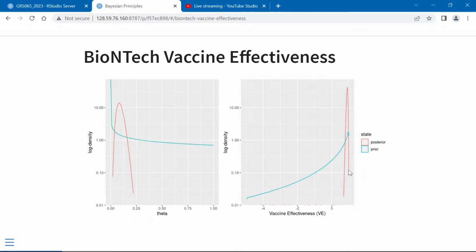And in a way that's encouraging, in the sense that even if you have these blue prior beliefs, which don't make a whole lot of sense, if you use Bayes' rule and you have a decent amount of data, and the effectiveness is as good as it was, which was extraordinary, then you can still get a posterior distribution that is fairly precise. But there were only 94 people or so in the trial who got COVID. There were thousands in the trial, but of those, only 94 got COVID, and 8 were vaccinated and 86 or so were unvaccinated.